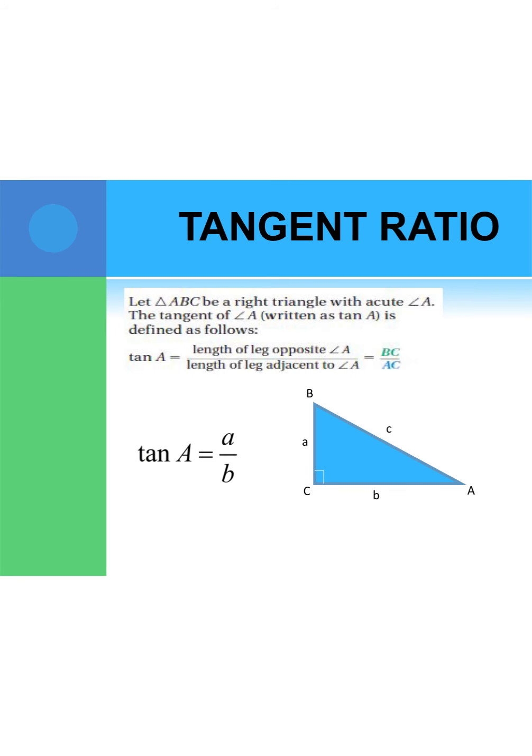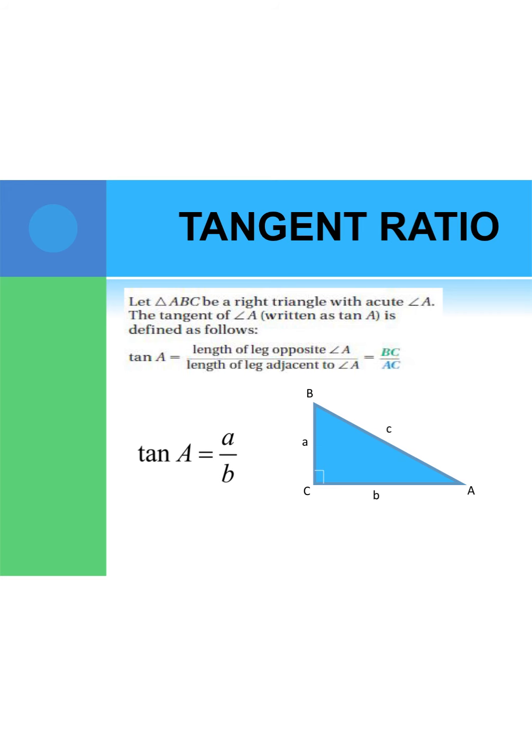So let triangle ABC be a right triangle with an acute angle at angle A. The tangent of angle A, written as tan A, is defined as follows. The tangent of A is the length of the leg opposite angle A over the length of the leg adjacent to angle A, which is, in our case, BC over AC. The tangent of A is little a over little b.